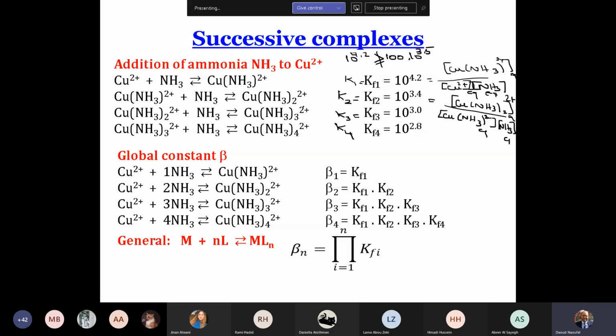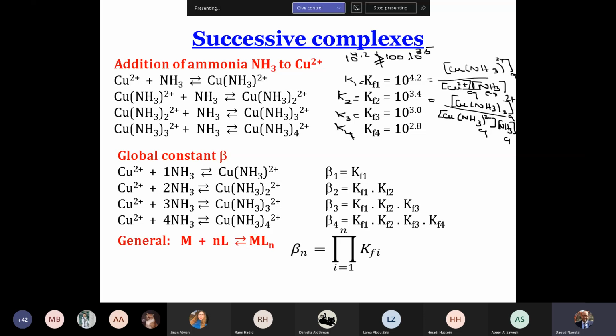What is the meaning? These two complexations occur at the same time, but not with the same advancement. The first is more advanced since K1 is greater than K2, but the first and the second occur at the same time. This is also the case when we compare K2 and K3, and when we compare K3 and K4.